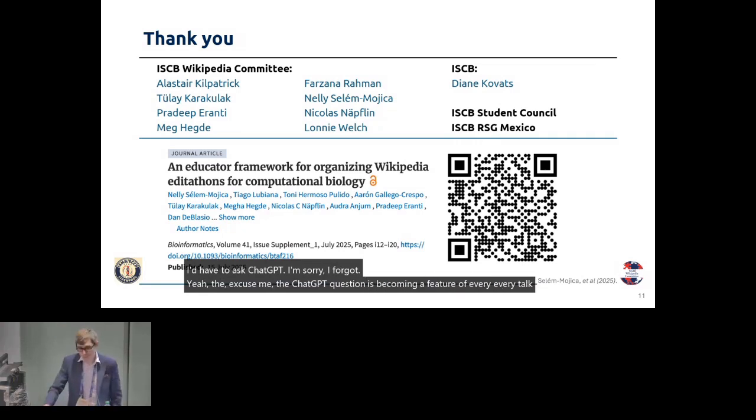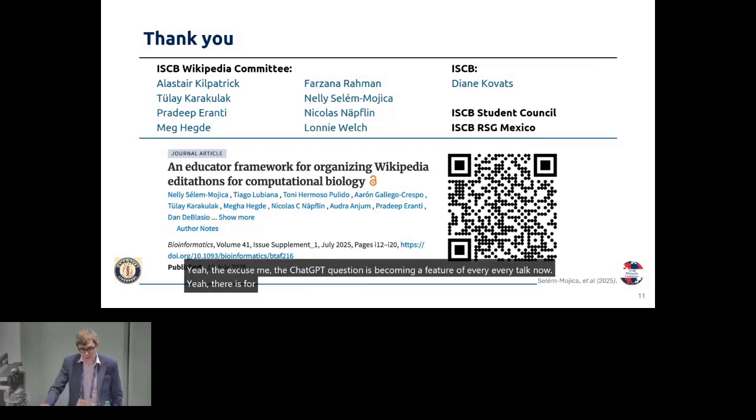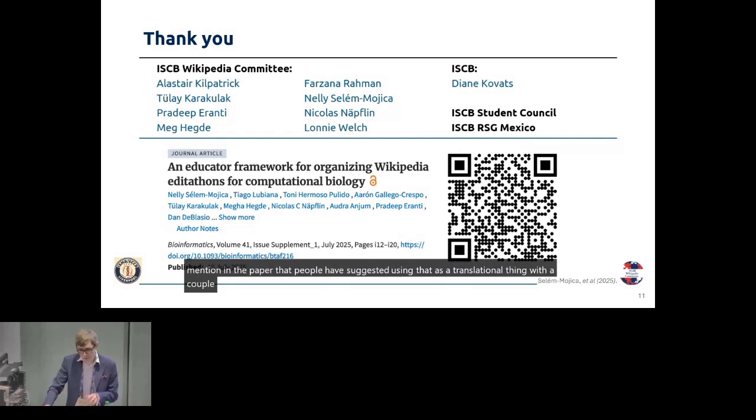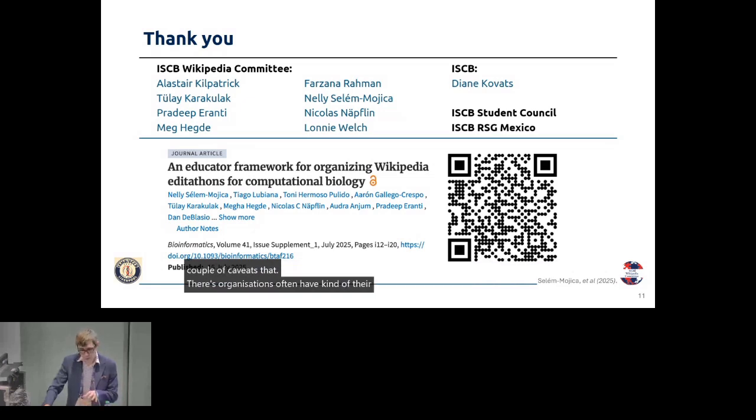Yeah, there is for sure value in generating an initial draft, and we do mention in the paper that people have suggested using that as a translational thing, with a couple of caveats. Organizations often have their own take on what can be used as textual submission.